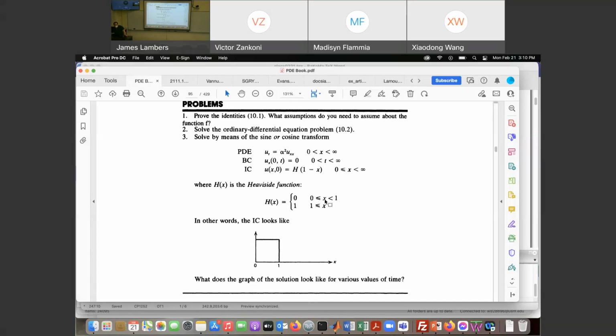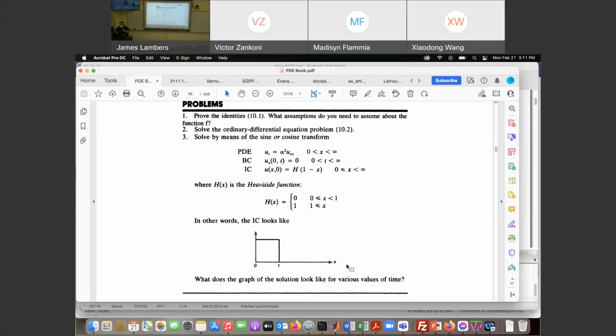On the other hand, given the correct definition of the Heaviside function, the one I just told you, taking the Heaviside function of 1 minus x does give you the initial data for this problem. So the only actual mistake is this right here. As far as working out the problem, the easiest thing to do is think in terms of this graph: you're dealing with initial data that's equal to 1 for x between 0 and 1, and then 0 after that.